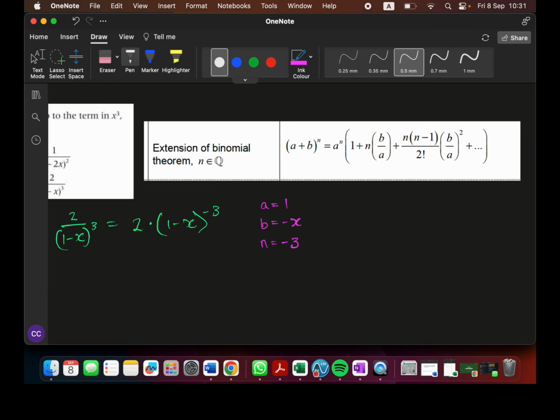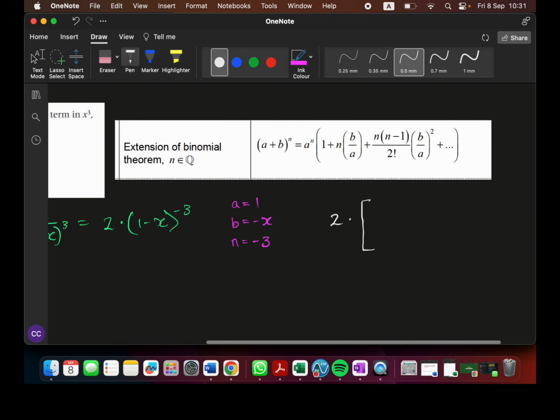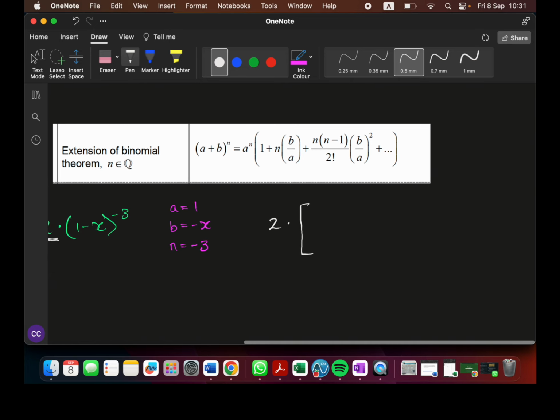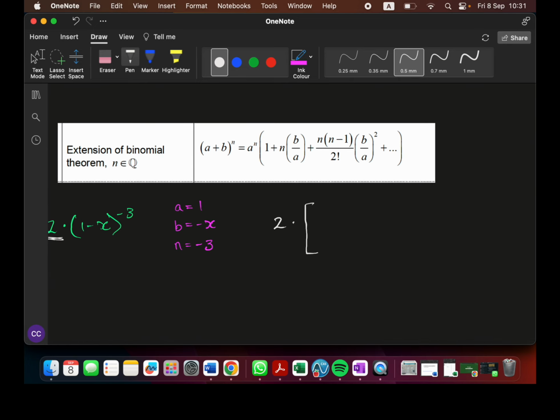Now, it's going to be 2 times, and then I'm going to use big brackets to get the rest of it because that 2 still has to be out front, okay? So we would do A, which is 1, to the negative 3 power, which is just going to be 1, but we'll write that there.